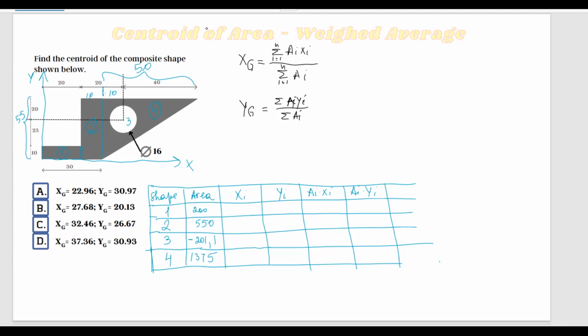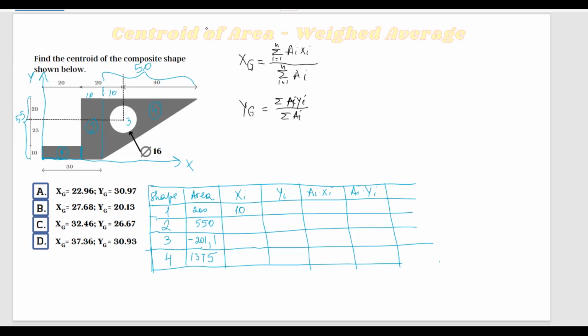Perfect. Next, we have to calculate the xi, which is the distance from 0 to the centroid of each shape that we have chosen. So we have shape number 1, the horizontal distance from 0 to the centroid of this rectangle is going to be half of this 20, so it's 10.